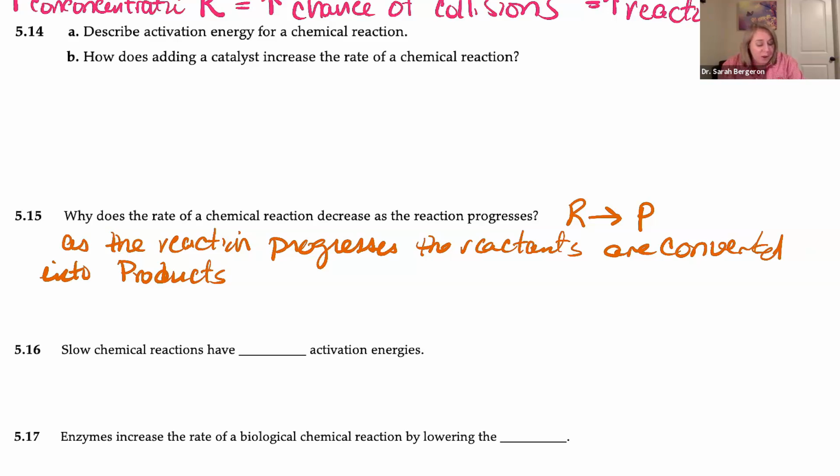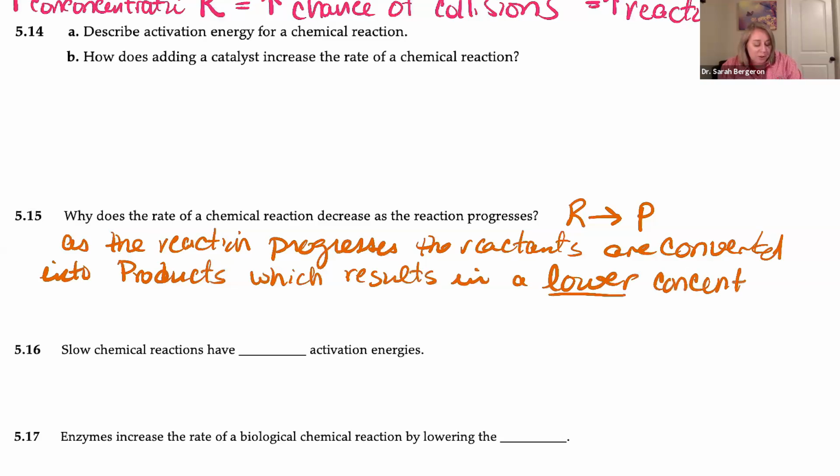Okay, so as a reaction progresses, the reactants are converted into products, which results in a lower concentration of reactants. And we just talked about concentration's effect on reactants in the question above, right?